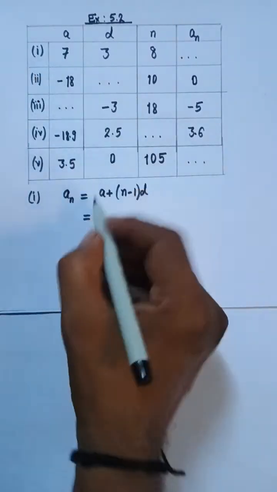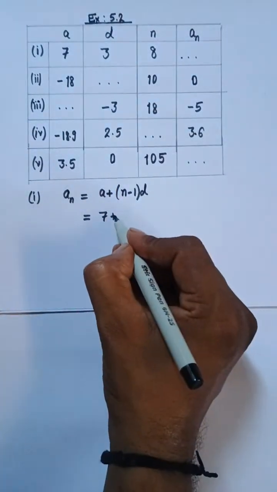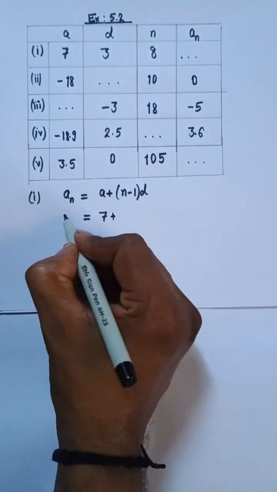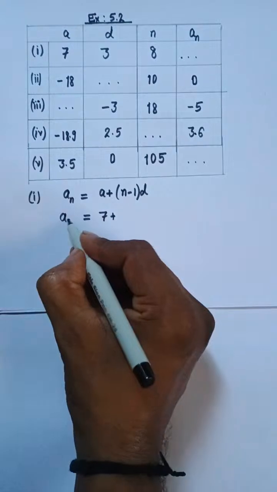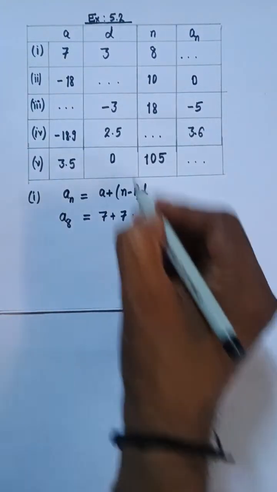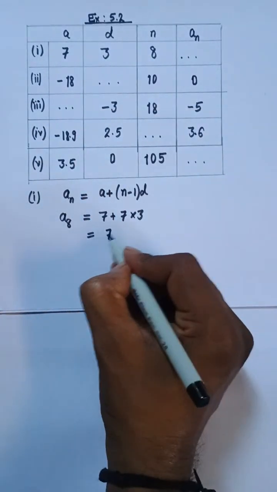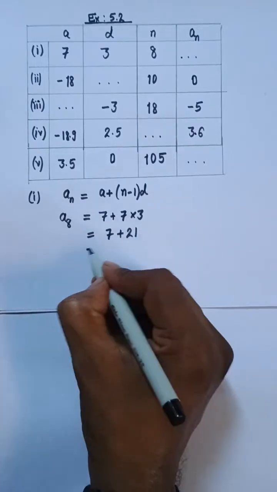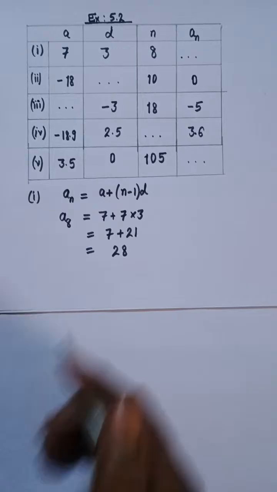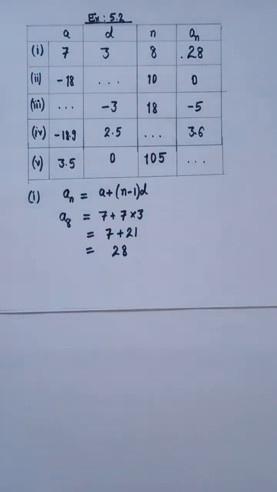So initial term is 7, n is 8 given here, so 8 minus 1 is 7, and d is 3, so we have 7 plus 21, that is coming here 28. Very easy, 28. So we can put 28 here.